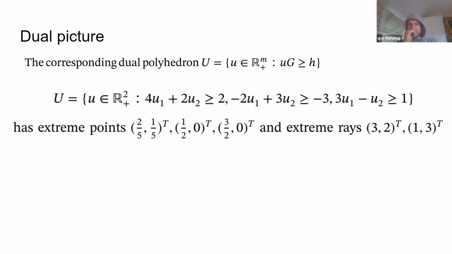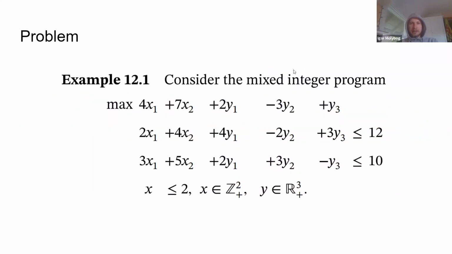Basically, I just have to say that it's enough for us to have only three inequalities, just because our G is a matrix that is 2 by 3.